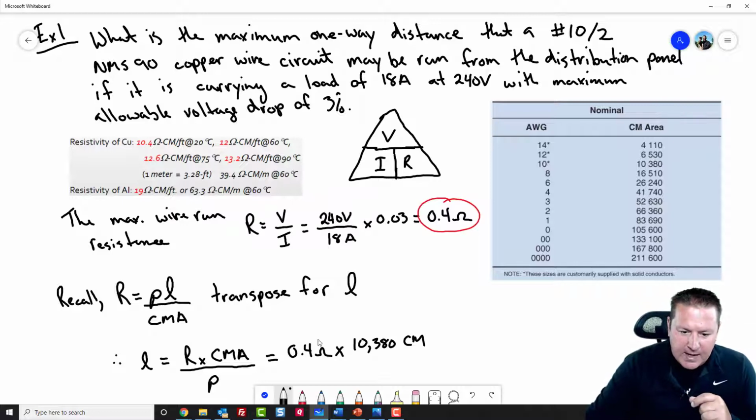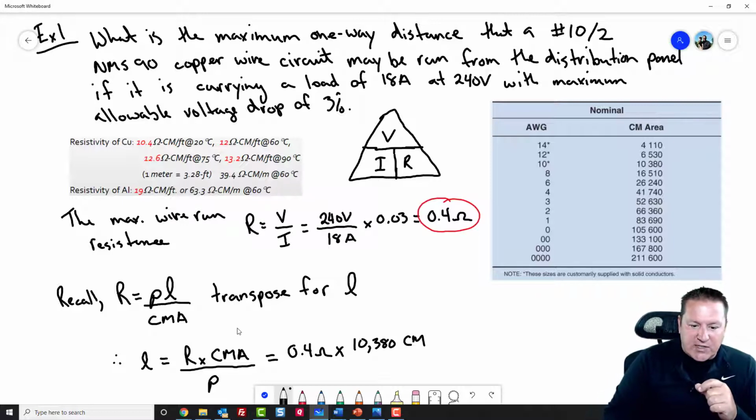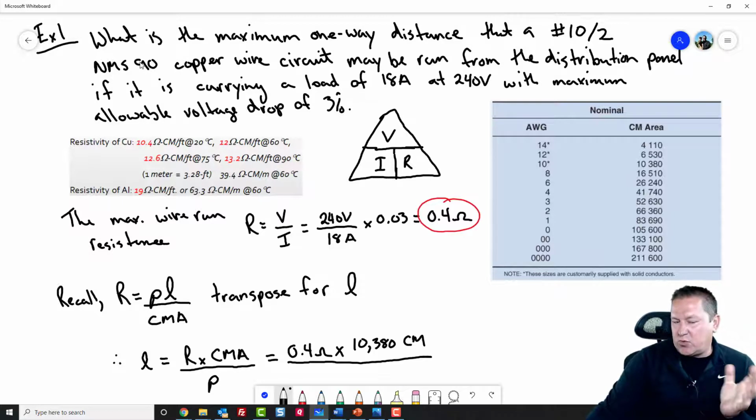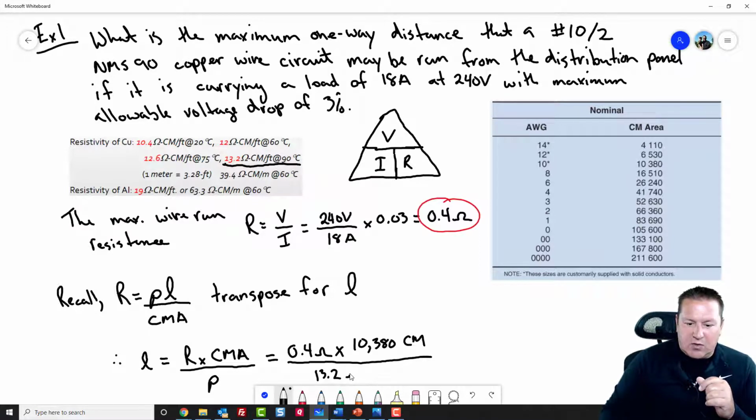Okay, and we just divide that now by the resistivity, and we're told it's copper, and we'll use the resistivity of copper at 90 degrees C. So we're just going to assume it's at 90 degrees C, and again, so we have 13.2, I'm just reading that right here at 90 degrees C, 13.2, and that goofy unit, circular mills per foot, and things are going to cancel out here, right? And we're going to be left with feet, right? And that's what we want. We want to know how long we can run this wire.